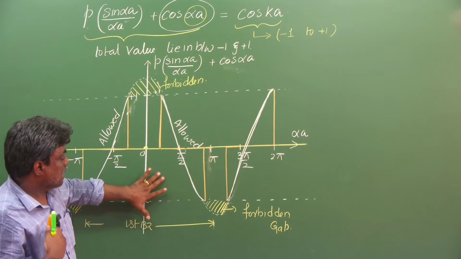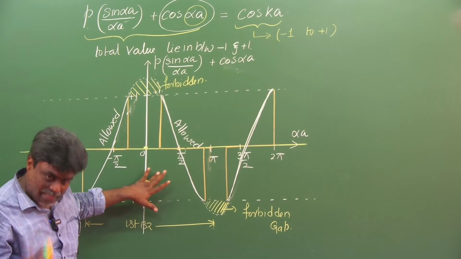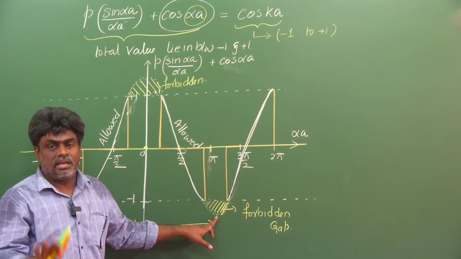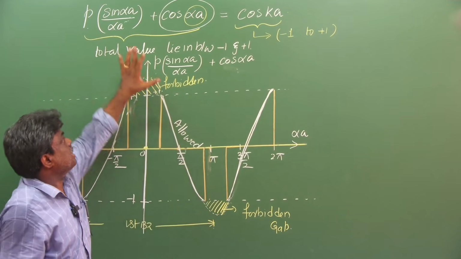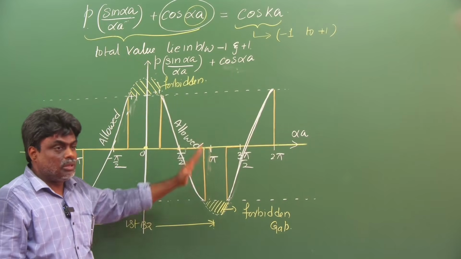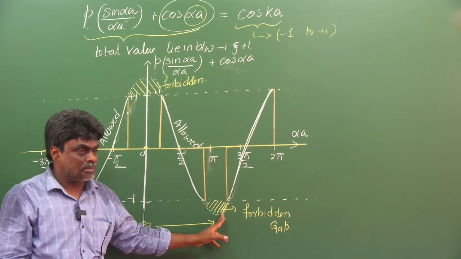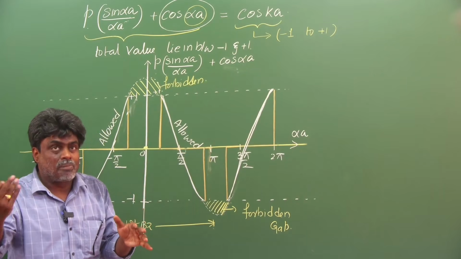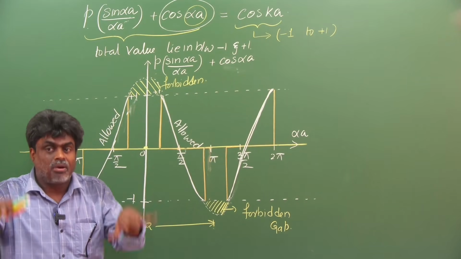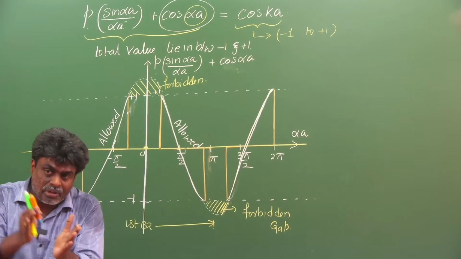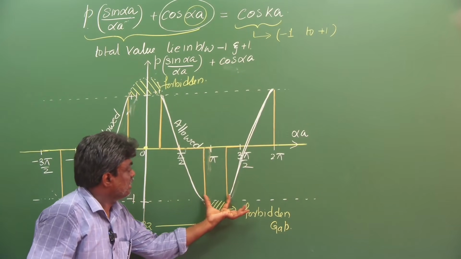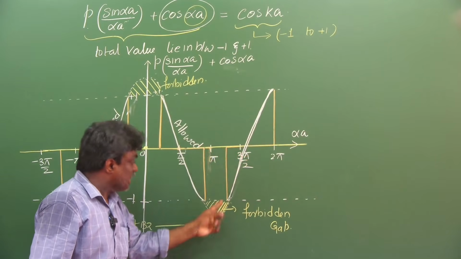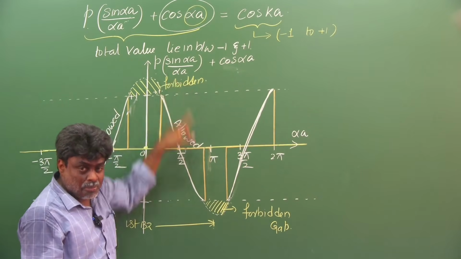From this diagram, my intention is to say that near the zone boundaries we have forbidden energy gaps. This equation is telling you that near the zone boundaries we get forbidden gaps, because only particular values of alpha A are allowed, and beyond that, this is the region where alpha A gives this value beyond minus 1.